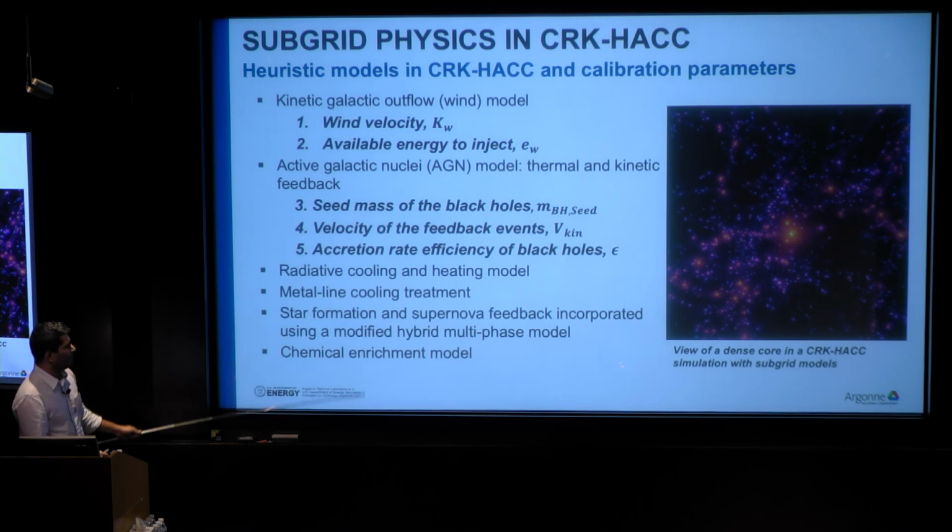In addition to that, we have subgrid models for chemical enrichment, star formation, metal line cooling. But for this particular talk and our current effort, we have restricted it to just these 5 parameters here. So going forward, once we are very happy with the calibrations here, we'll probably go to the next ones.